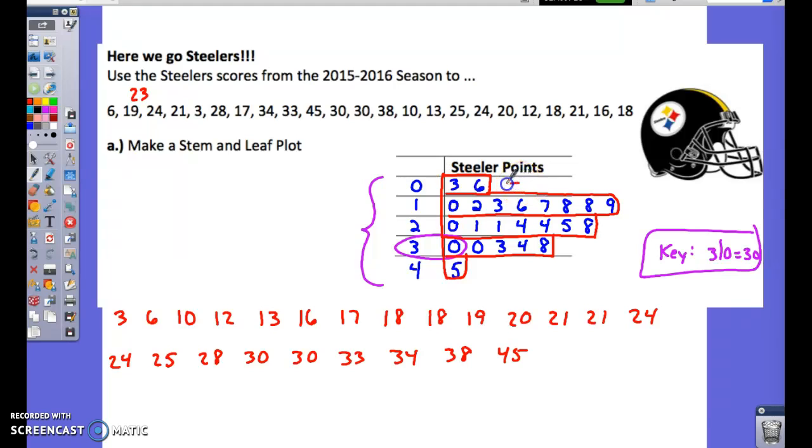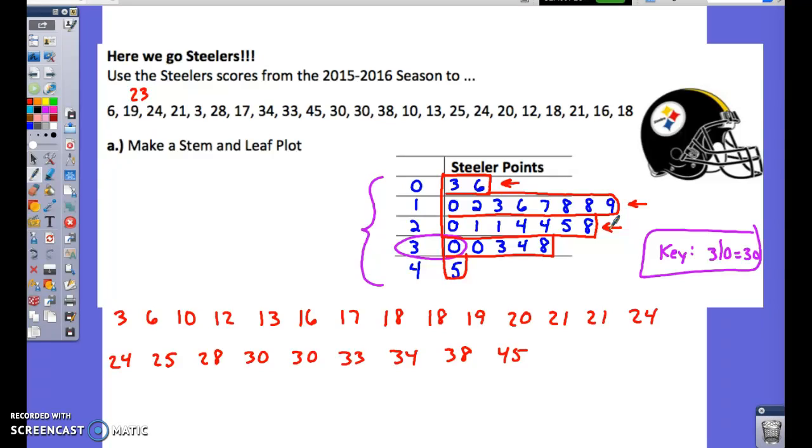On 2 occasions, we scored between 0 and 9. On 8 occasions, we scored between 10 and 19. On 7 occasions, we scored between 20 and 29, and so on and so forth. So a histogram is really just this stem and leaf plot turned on its side.